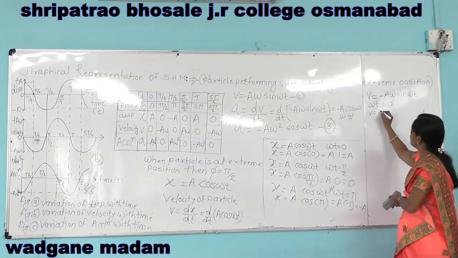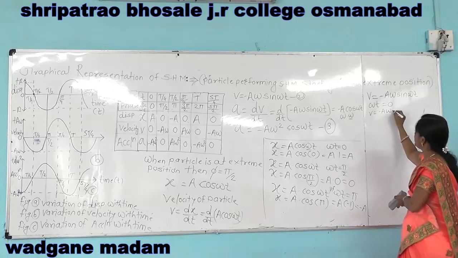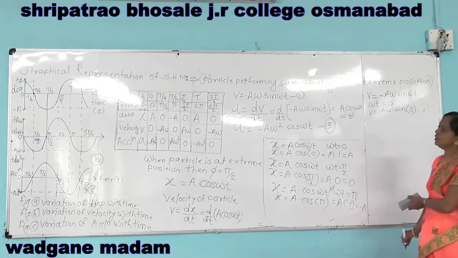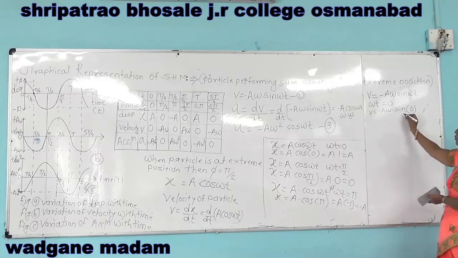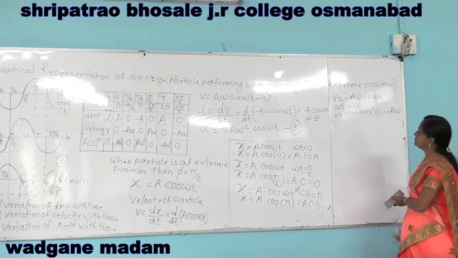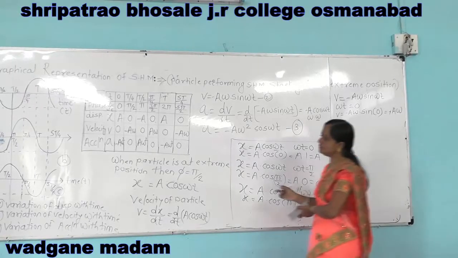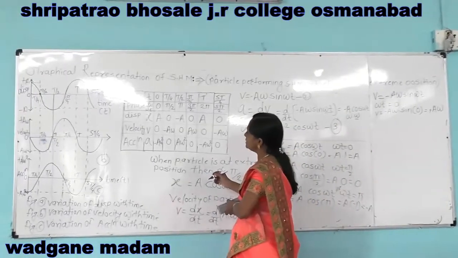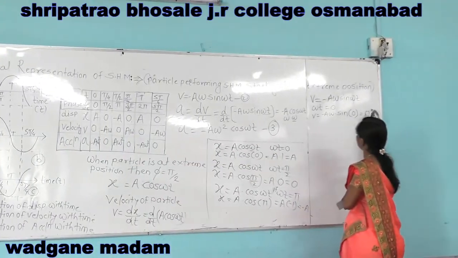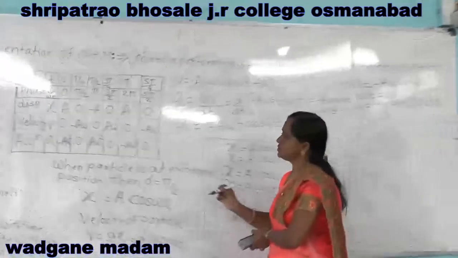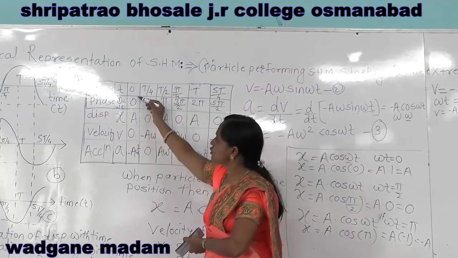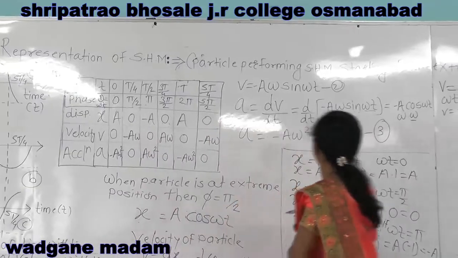Therefore velocity is equal to minus a omega sin 0, and sin 0 is 0. Therefore velocity at time 0 is 0.